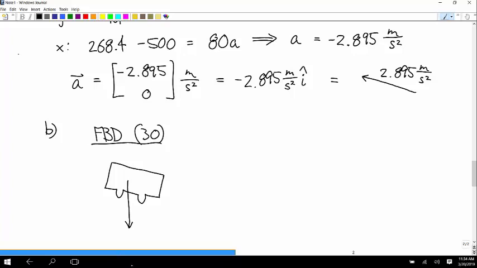And that's equal to 30 times 9.81, so 294.3. And then there's a pushing contact from the ground that I'll call N30. And then there's a 500 Newton force pushing up the ramp. And then there's a pushing contact from the 50 that I'll call R.